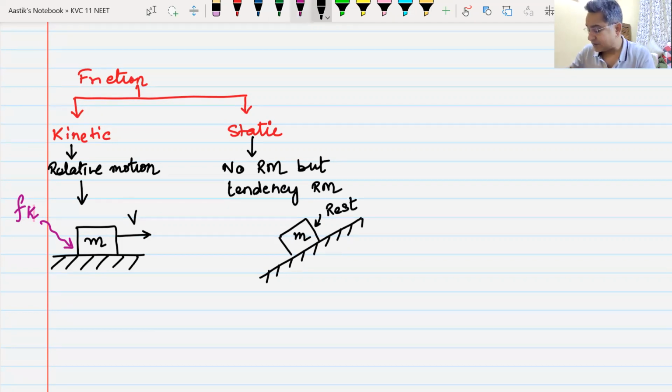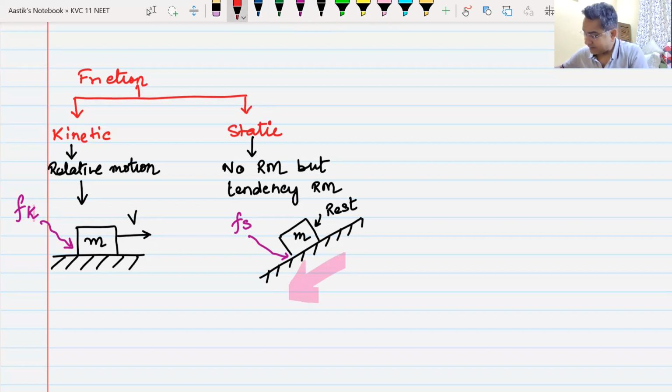The type of friction between this body and the surface would be Fs, S standing for static, F standing for friction, whenever there is no relative motion, but there is a tendency of relative motion. What do we see here? Even though this block is not moving, it wants to move in the downward direction.